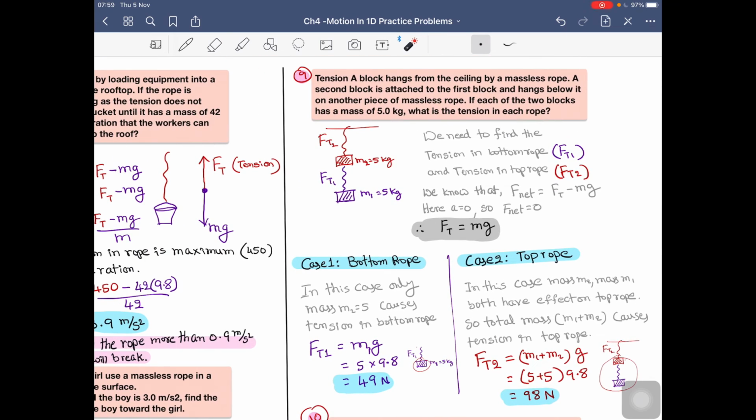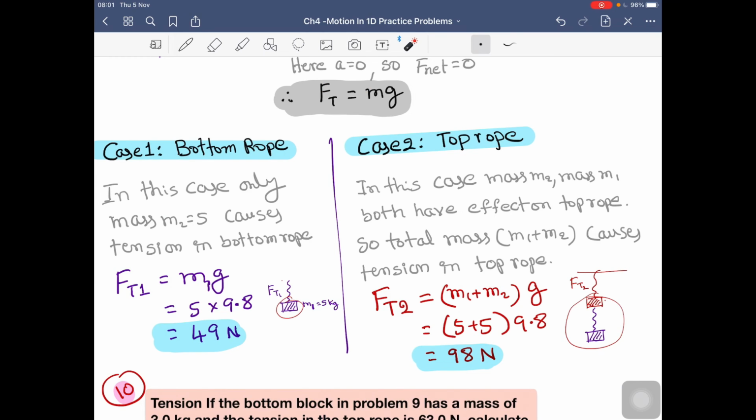Question number 9. Here I have taken the bottom rope tension as Ft1, and Ft2, in red color, is the top rope tension. So consider mass 1 and mass 2, both of them, as a single mass system.